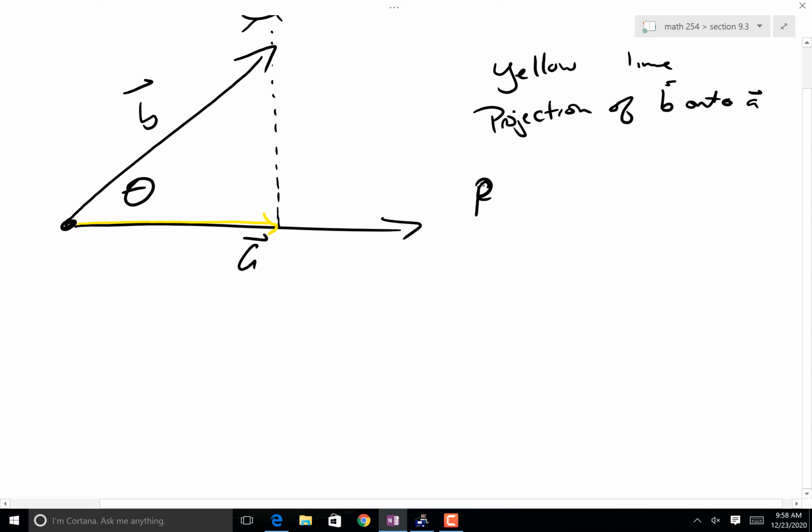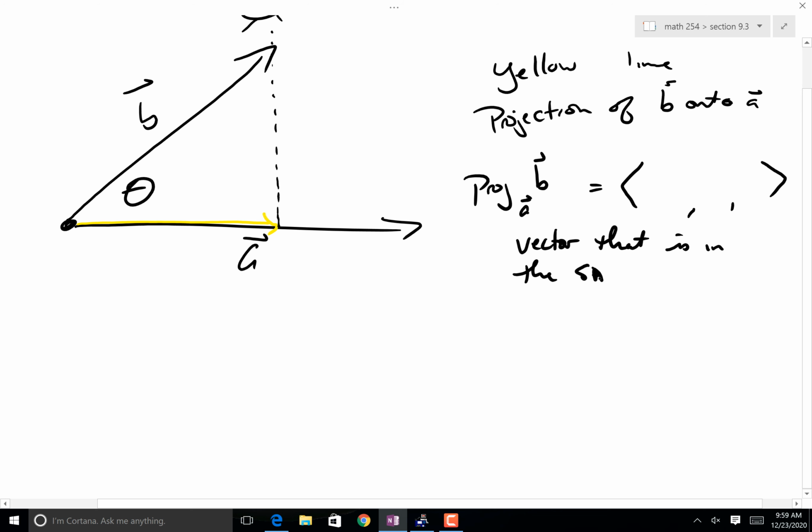First of all, we're going to write it as the projection, not a highlighted P, just a projection of, in this case, B onto A. Whoever we're projecting it onto is going to be the one down the bottom. This is going to be a vector. It is going to be a vector that's in the same direction as A, obviously, because it's literally been projected onto A.